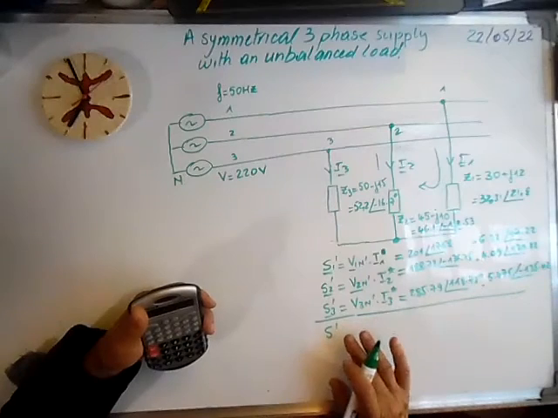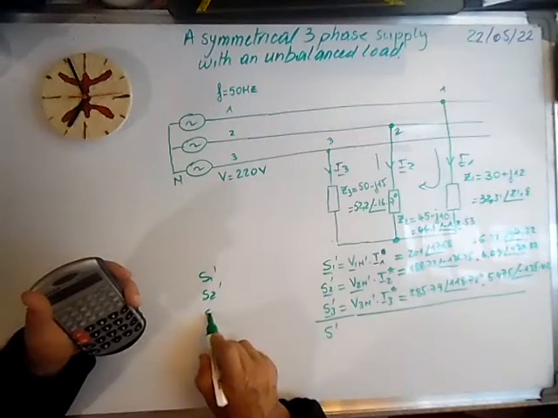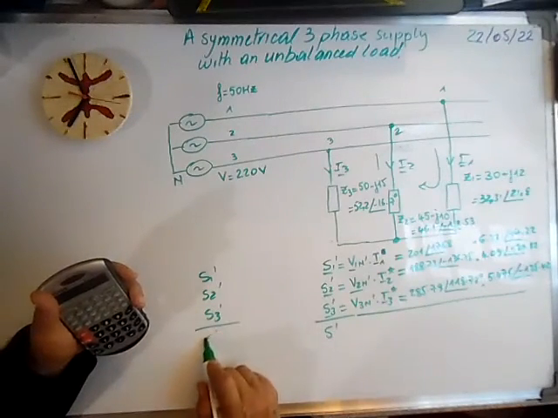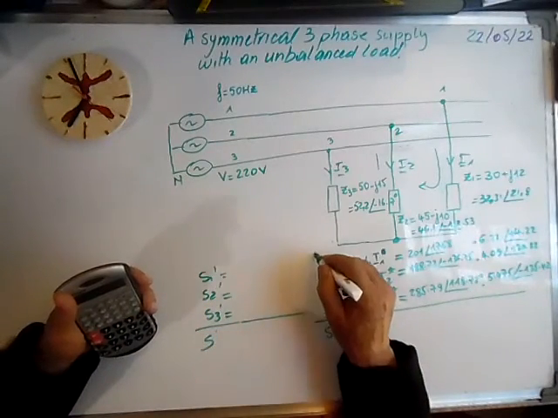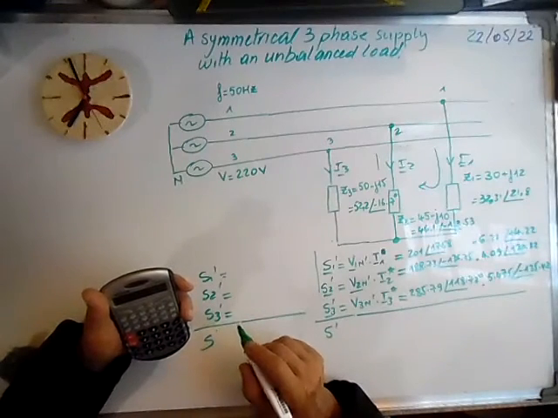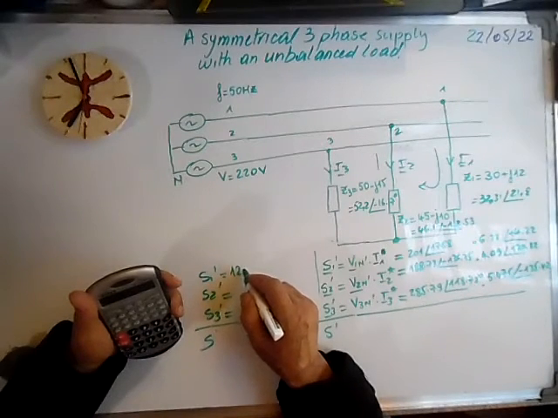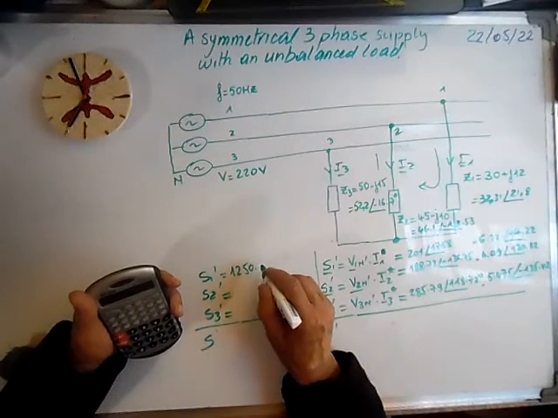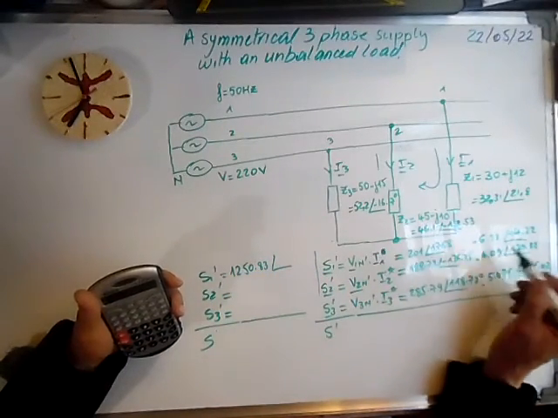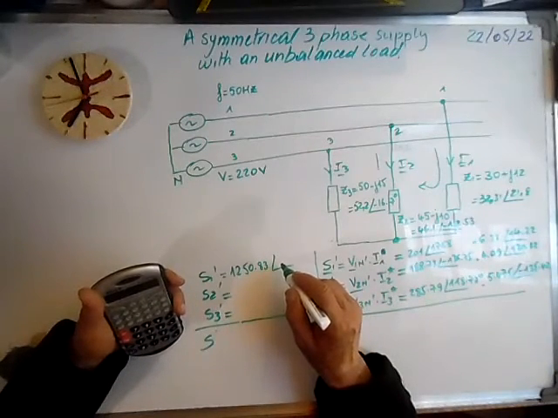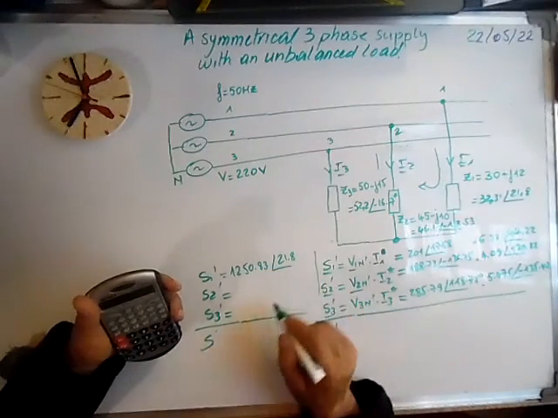And the result, we will write it here, S1', S2', and S3', and the total S. So the result is 1250.83, argument 1756 plus this one, it will give us 21.8, in volt ampere.